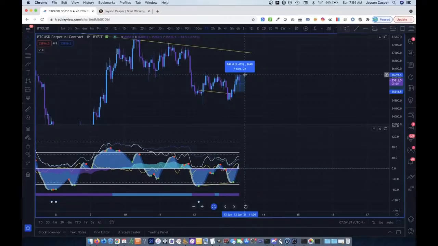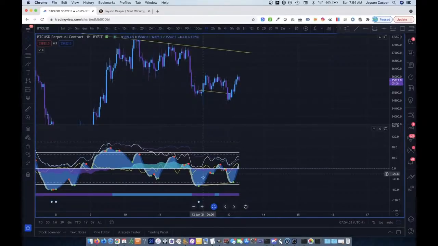If you're using 2x leverage, that's a 5% move. If you're using 4x leverage, that's a 10% move right there. So these divergences, most of the time they will play out into a move that is quite significant.